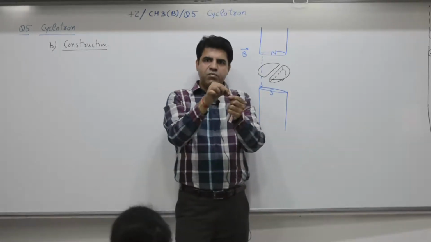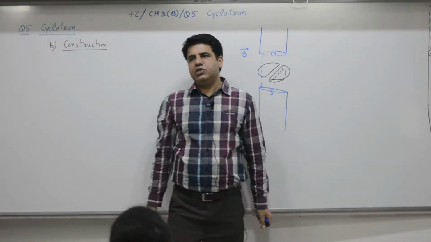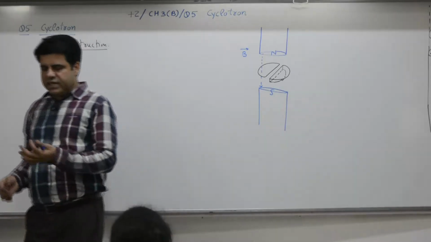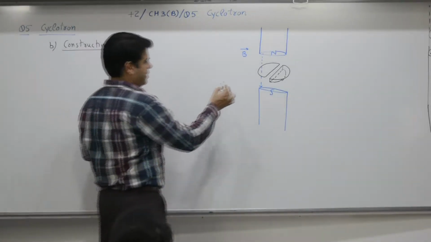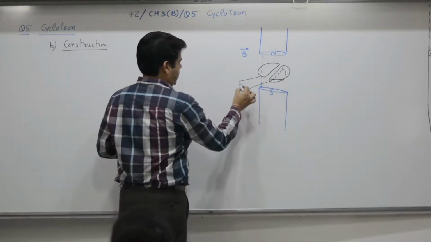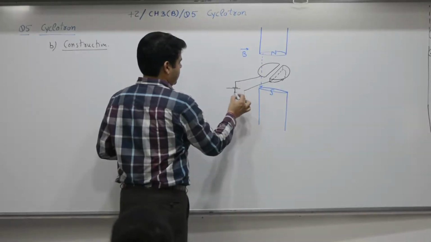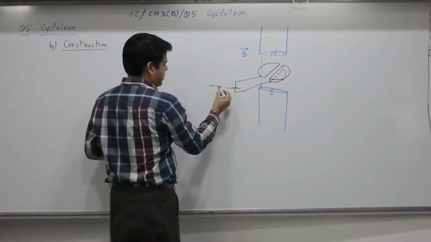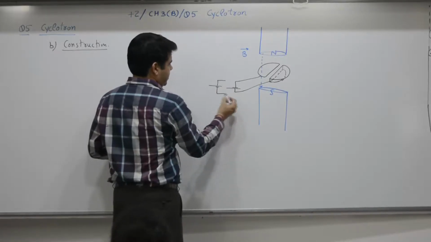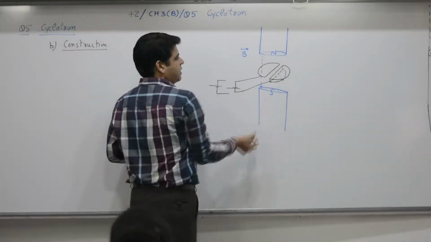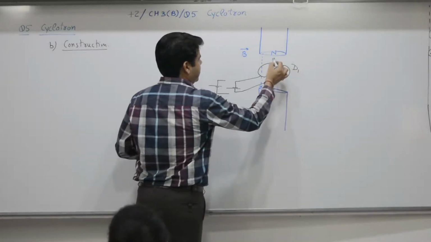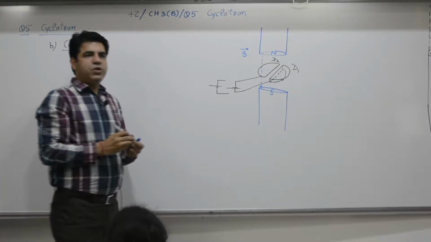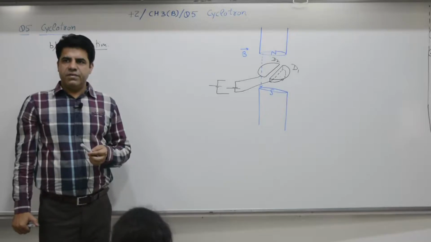So a charge particle will move inside the two disc. Electric field is applied alternatively between these two. D1 is positive, next instant D1 will become negative, D2 will become positive. So D1 and D2 become positive and negative alternatively.